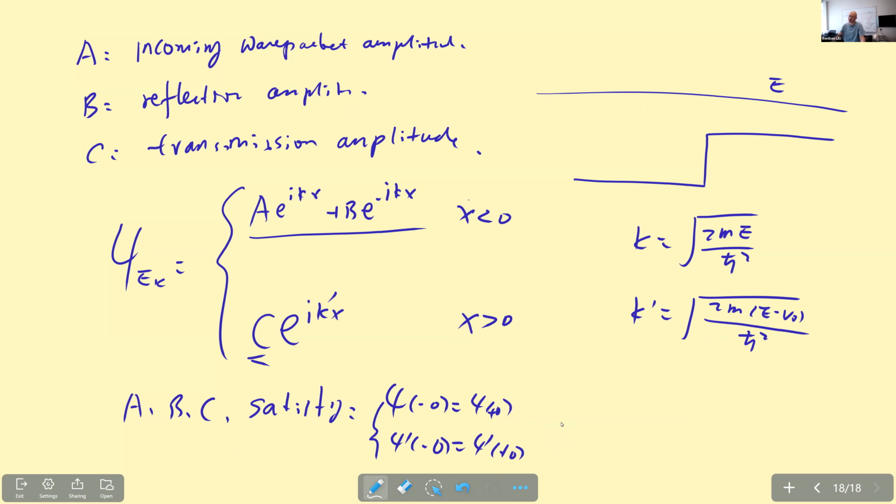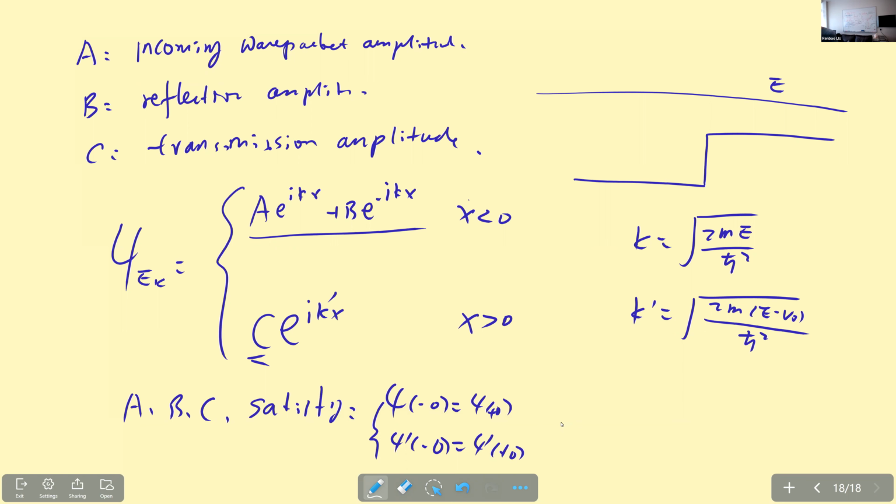You have 2 equations, 3 coefficients, so you are guaranteed to have a solution. This solution is up to a global factor, because you have 3 coefficients, so you can always choose one to be, for example, 1, and you can find B and C.